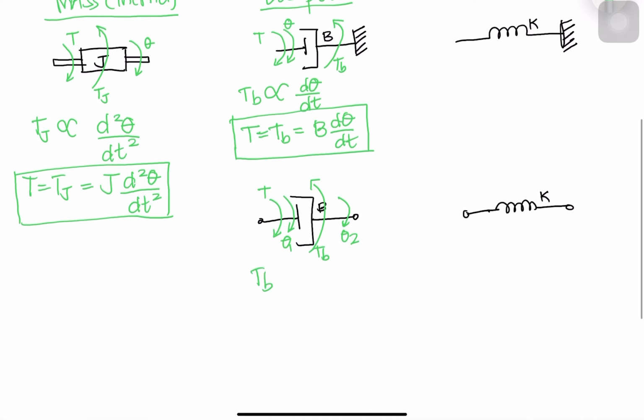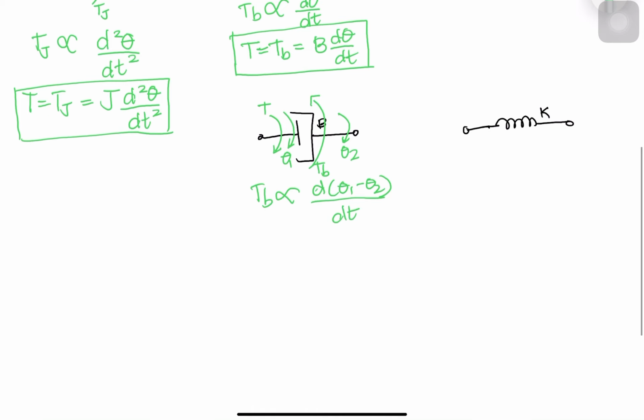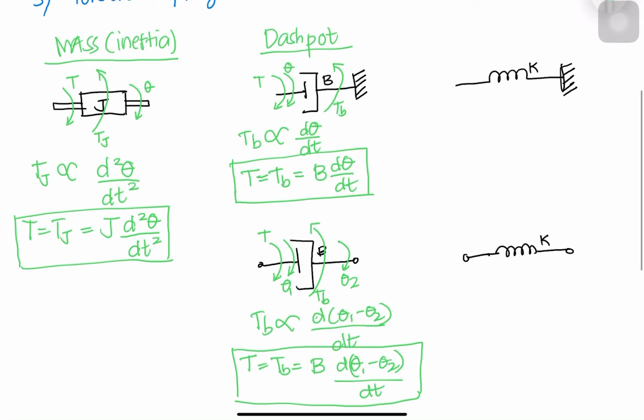So TB is proportional to d theta 1 minus theta 2 over dt. In essence, the applied torque T is equal to TB, which is also equal to B d theta 1 minus theta 2 over dt. So this is for case 2 of dashpot.